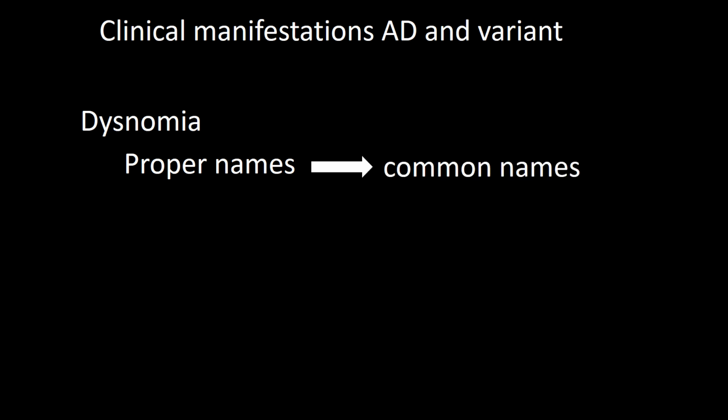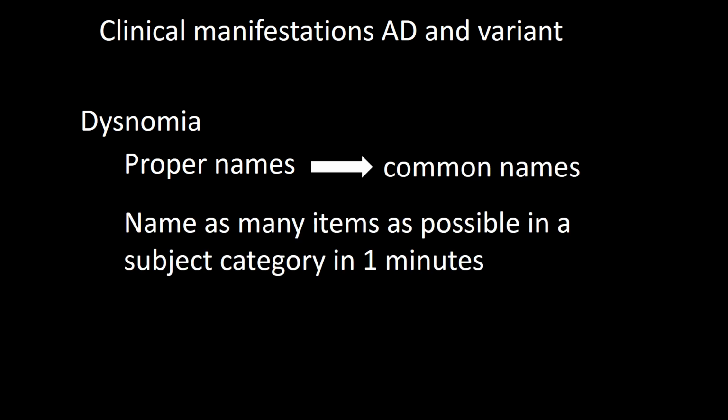The second seminal finding is dysnomia, that is, inability to name. Dysnomia first for proper names, then for common names. One way of testing for dysnomia is to ask the patient to name as many items as possible in a given category in 1 minute.